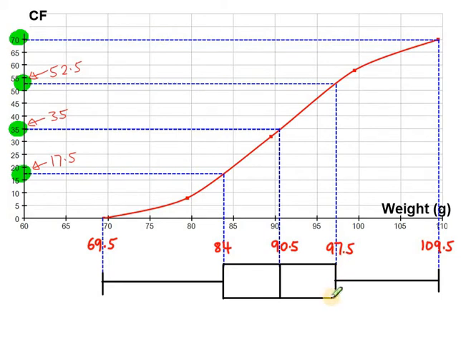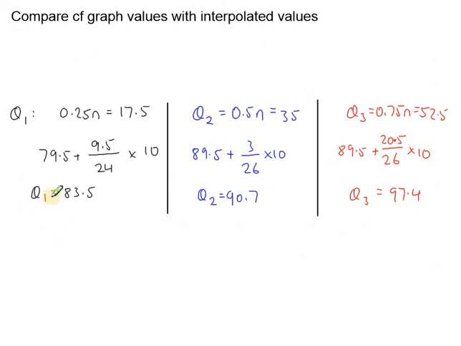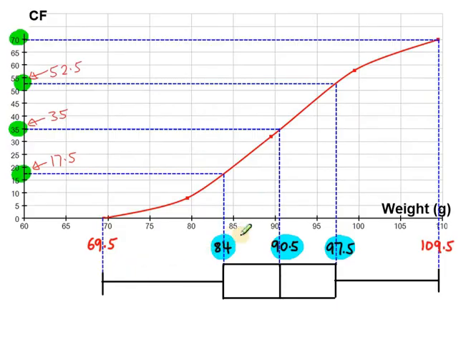The smallest possible value is 69.5 and the largest 109.5. We can compare our lower quartile, median and upper quartile with the interpolation formula, which is what I've done here. So lower quartile, median, upper quartile, and you'll see that these values are very close to these.